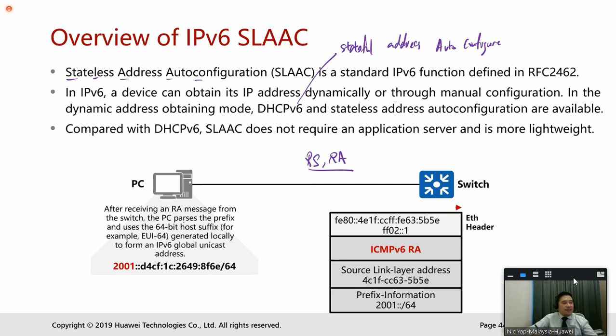After receiving an RA message from the switches or routers, the PC takes the prefix and uses a 64-bit host suffix, e.g. EUI-64, generated locally, to form an IPv6 global unicast address. So I just have to give you my prefix information. I have my prefix of 2001. Behind is just my MAC address, 64. So I can be assigned something like this.